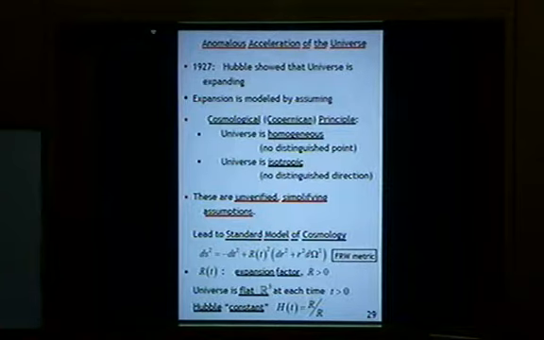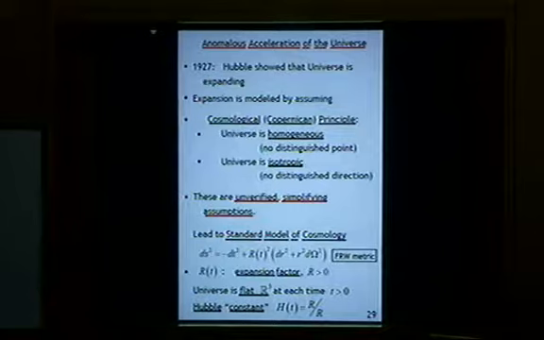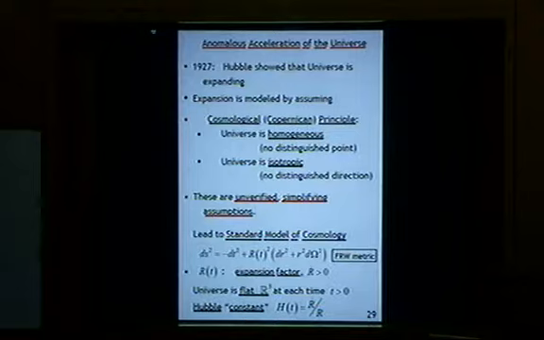They lead to what's called the standard model of cosmology, and there's that metric there. So ds squared is minus dt squared plus R of t squared times dr squared plus r squared times the standard metric on the two-sphere. The only thing changing is that capital R; everything else is not changing.